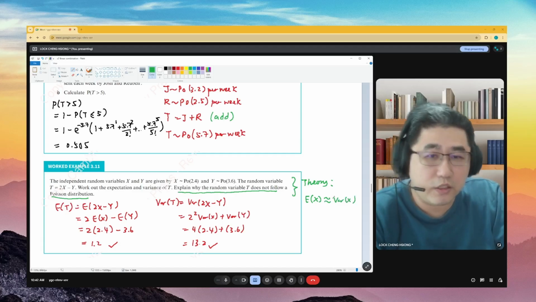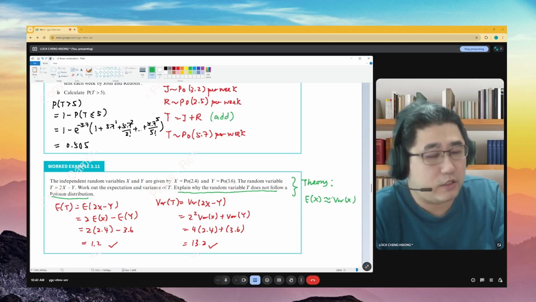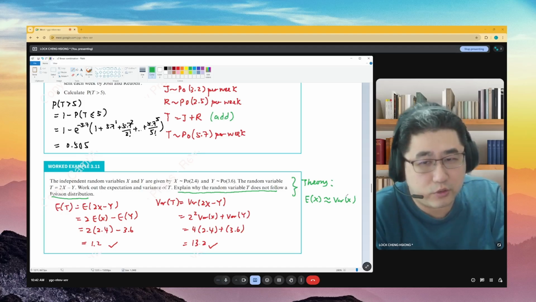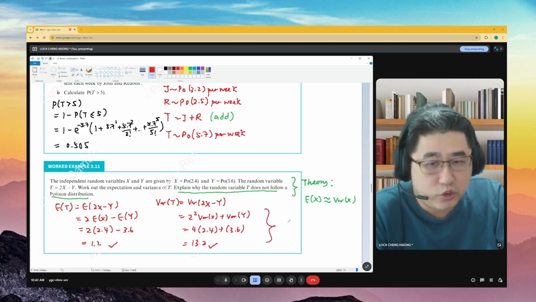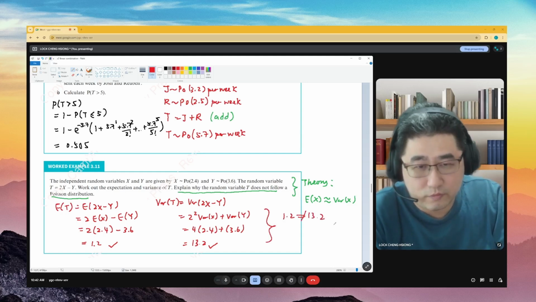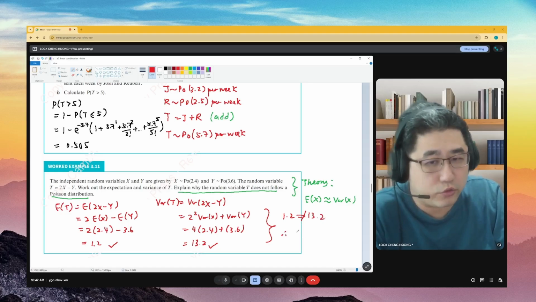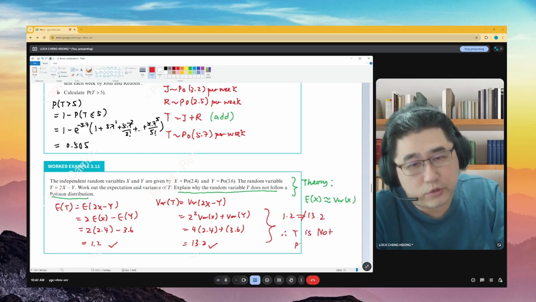If this happens, then we say that it's a Poisson distribution, or maybe it looks like a Poisson distribution. Over here, by observation, you see that 1.2 obviously does not equal 13.2. Therefore, your conclusion is that T is not Poisson distributed.